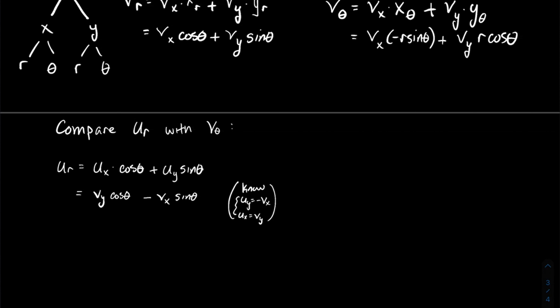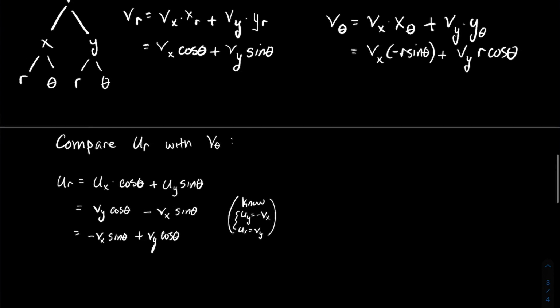So now I'm just going to do some algebra to see how I can get this to look more like v theta. How does this formula compare to v theta? If you look up at the formula for v theta toward the top, the sine part's negative, so I'll write that one first. Then I've got vy cosine of theta, and the only thing I'm really missing is an r. If I can get an r into the picture, that's great.